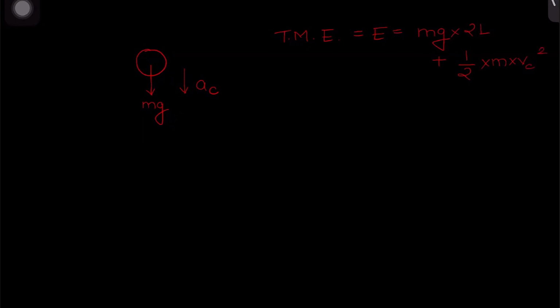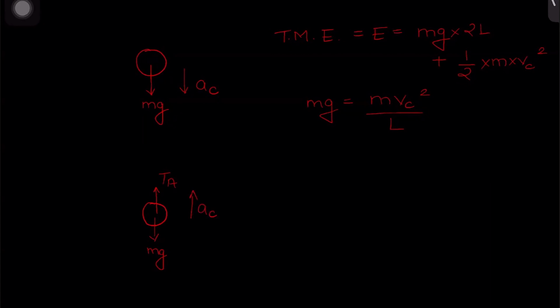And the second thing we got was mg is equal to m v_C square by L. I hope it is clear. And similarly for the lowest point, this is the value of mg, this is the tensile force acting on it, and this was the acceleration at that point. A_C has subscript C because it depends on the centripetal value.